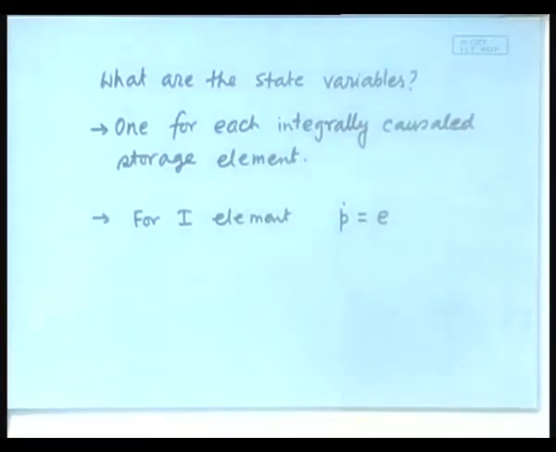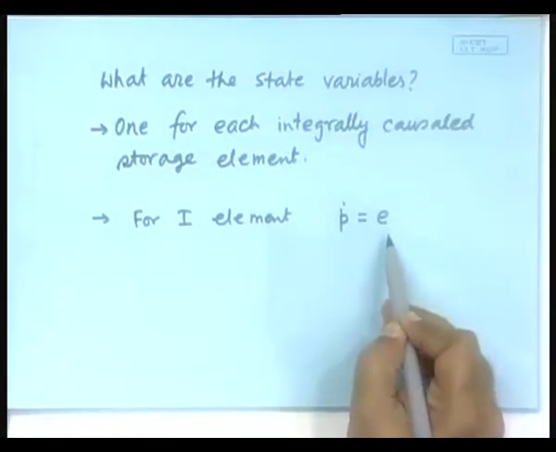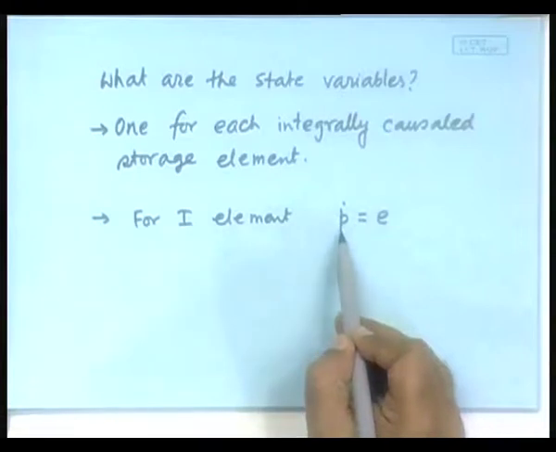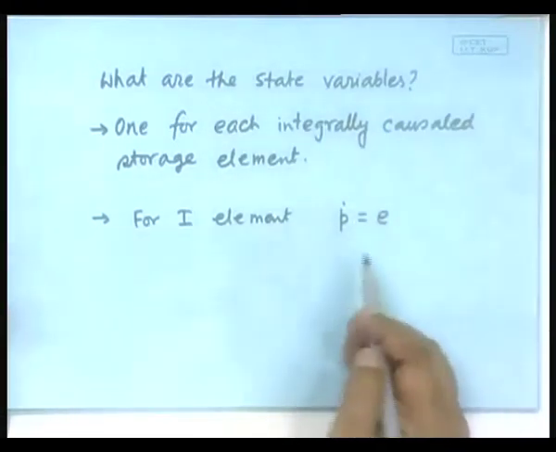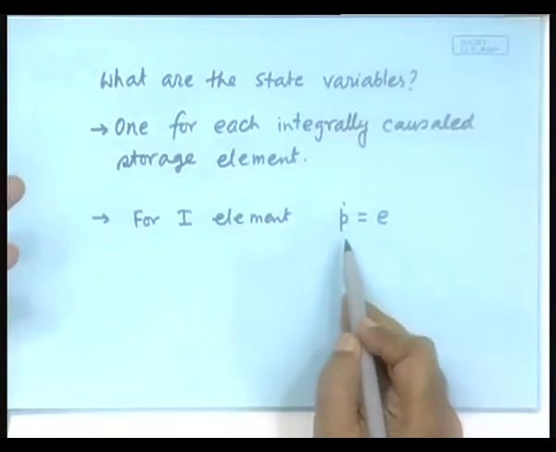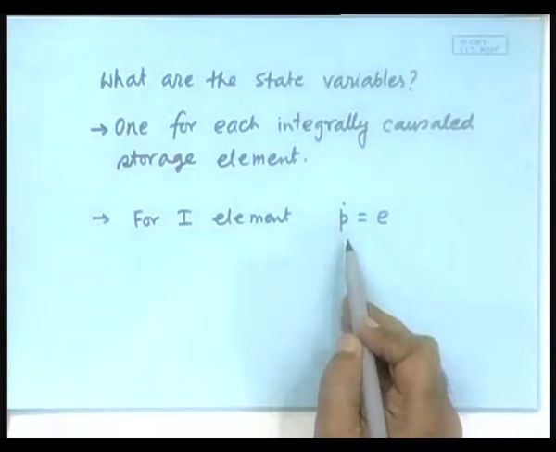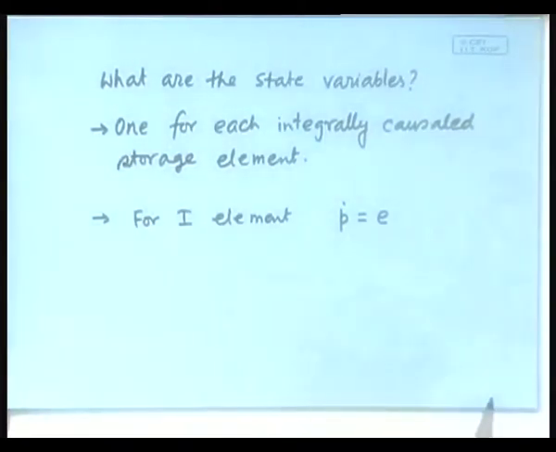Simple equation. Rate of change of momentum is nothing but the effort. That is the constitutive relationship of any inductive element. So, this tells you that the momentum should be the associated state variable, then the equation should be simple. That is what we also realized when we talked about the Lagrangian formalism and Hamiltonian formalism. Momentum is the right state variable for the inductor.